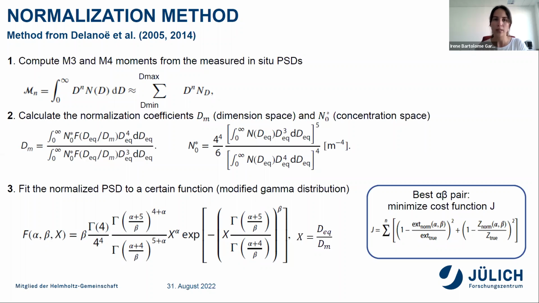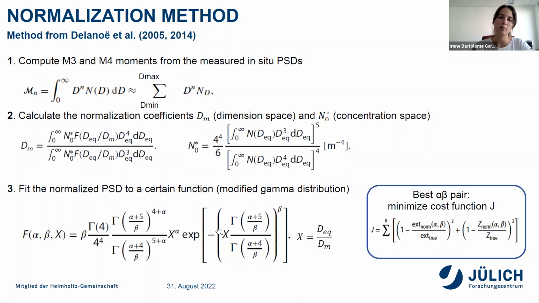And what Delanoy saw when doing this is that all the normalized PSDs have a similar shape. And they saw that this shape could be fitted to a function that they found could be a modified gamma distribution. The modified gamma distribution is defined by 4 parameters. One would be the N0 star, and the other parameter depends on the Dm.